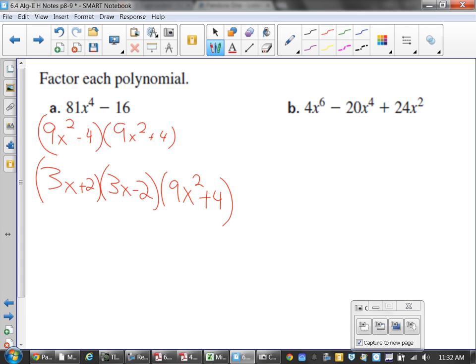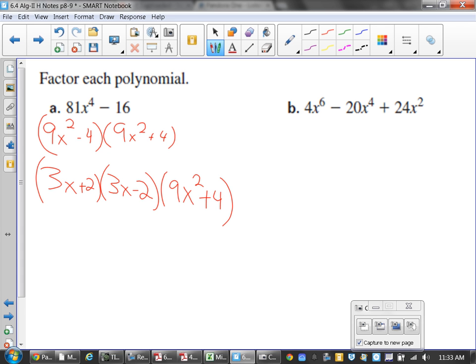We took out 3x minus 2 like in the first place, and then we did 9x squared plus 6x plus 4. Now I have no idea how to factor 9x squared plus 6x plus 4, because those are perfect fourths. Because 81 is 3 to the power of 4, and 16 is 2 to the power of 4.